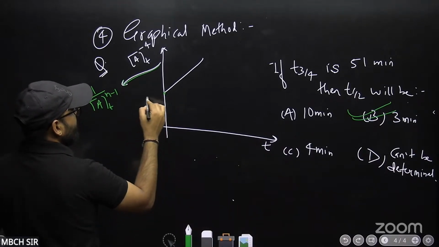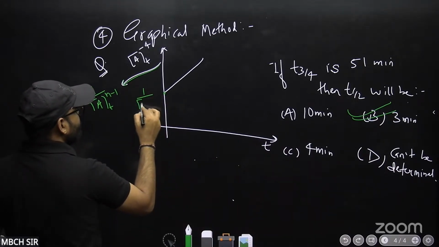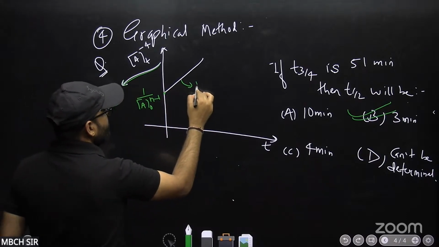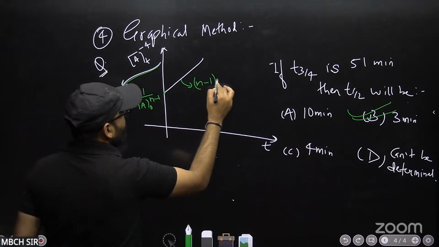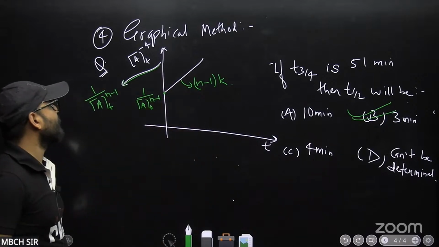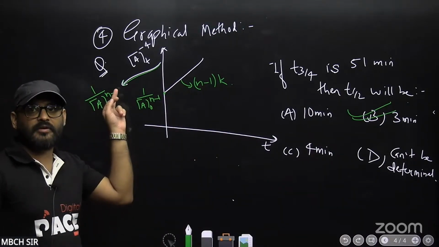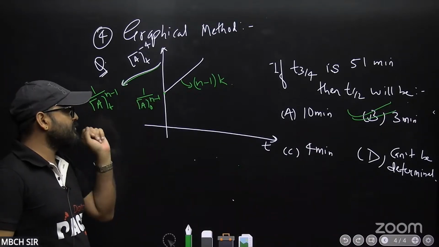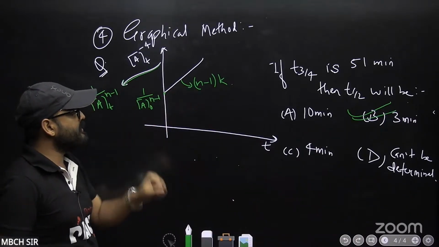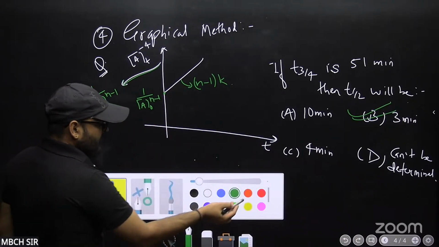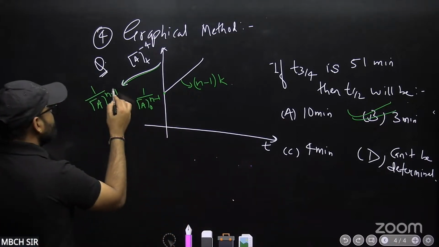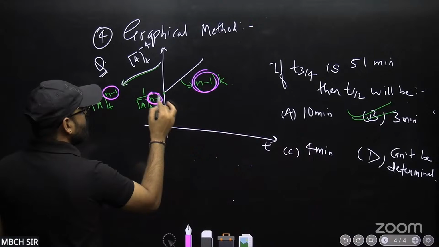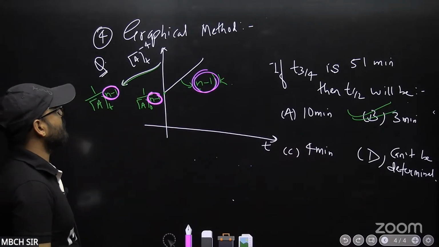The y-intercept is 1 upon a naught raised to power n minus 1, and the slope is (n minus 1) times k. Keep in mind, these three data can give you a hint about the order of reaction.